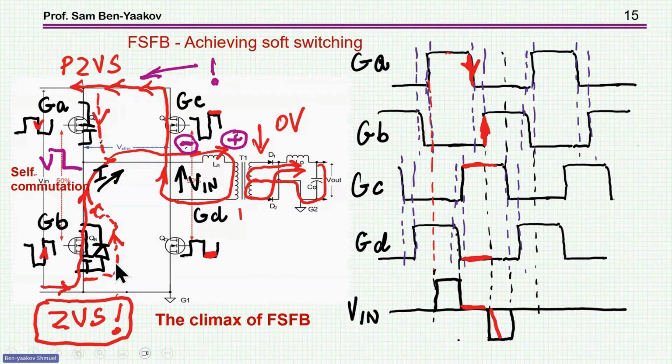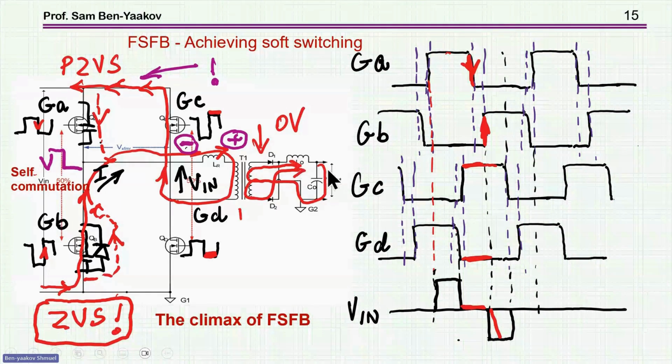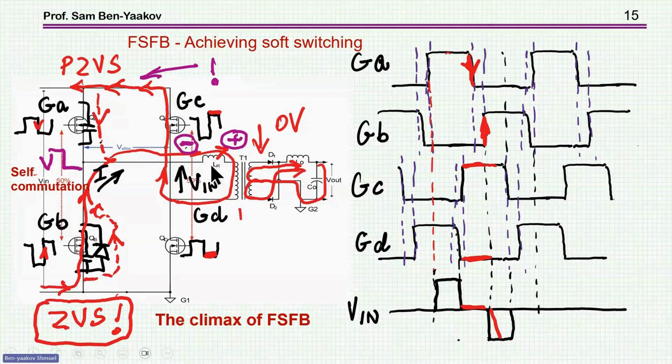The energy available is not from the output now, it is from this inductor only, because the output now is shorted. There's no energy coming from the output. There's no current reflected to the input from this inductor or from the output. So we have to have enough energy here.